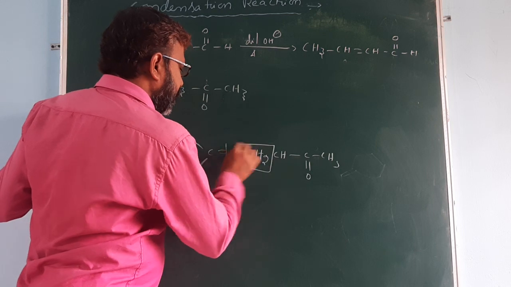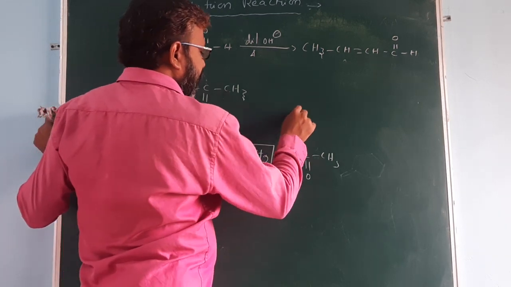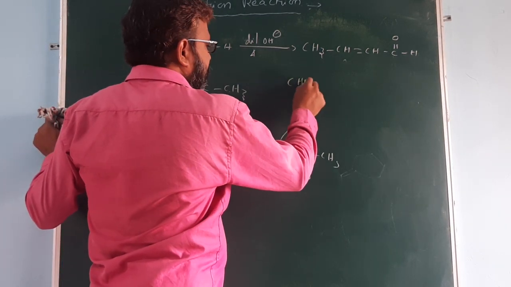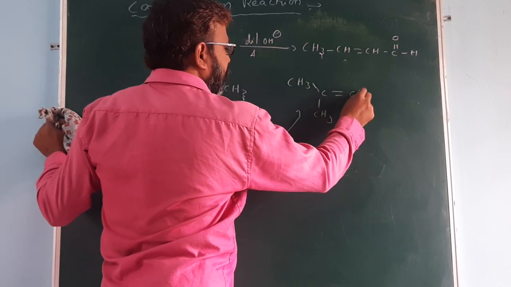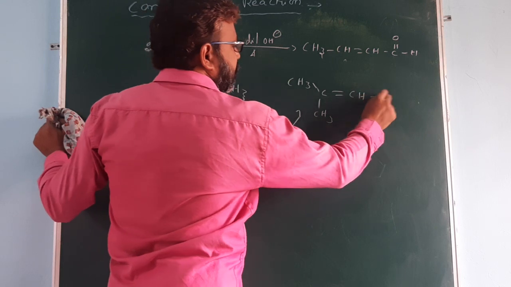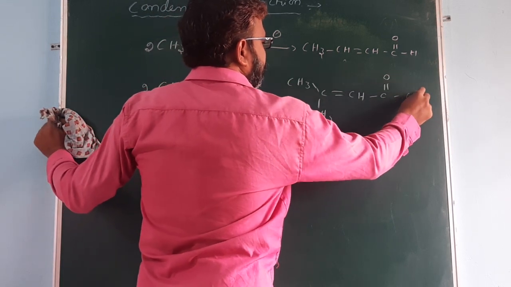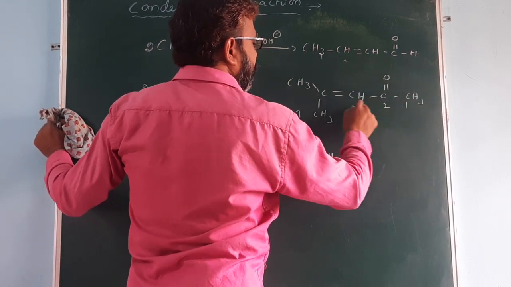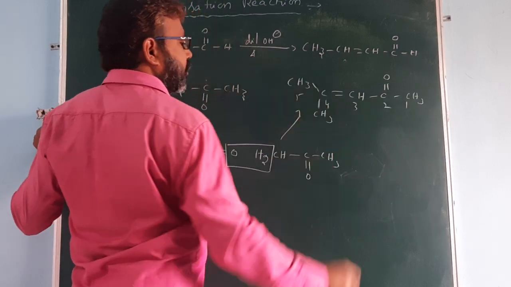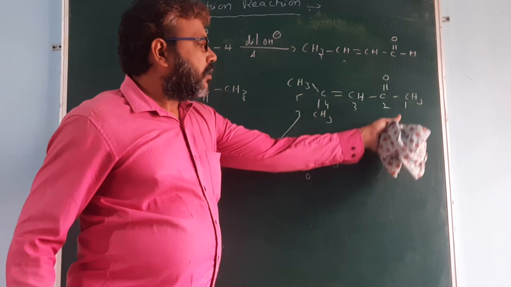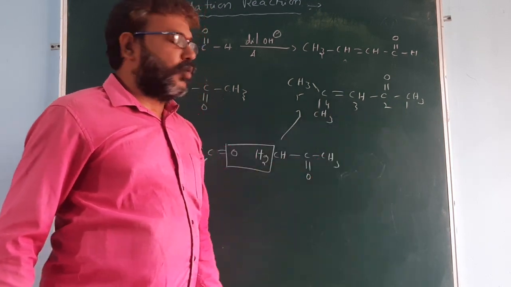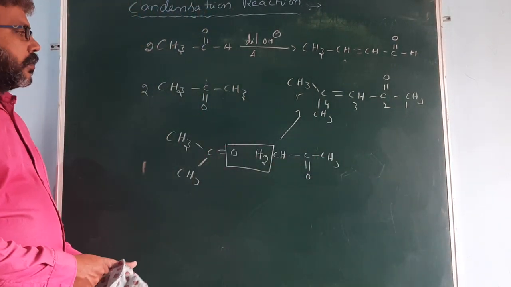So loss of water molecule. We get the product CH3, C, CH3, double bond CH, C double bond O, CH3. So name of this compound, 1, 2, 3, 4, 5: 4 methyl pent 3 en 2 one. Okay.